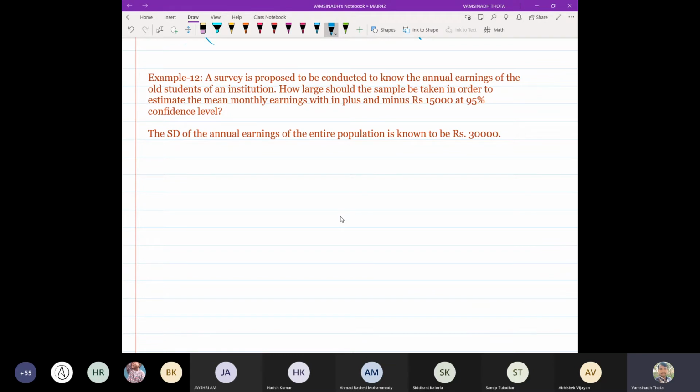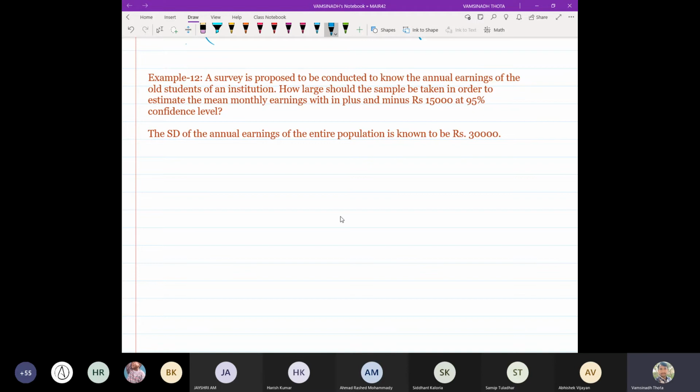How large should the sample be taken in order to estimate the mean monthly earnings of the students within plus and minus 15,000, at 95% confidence level.